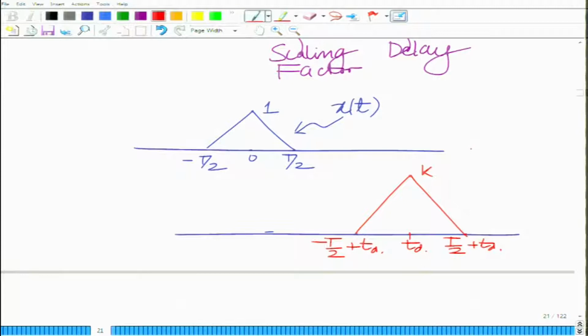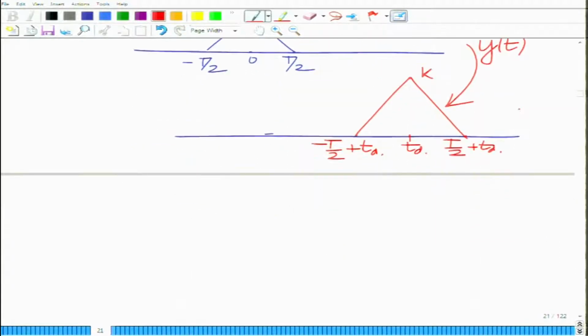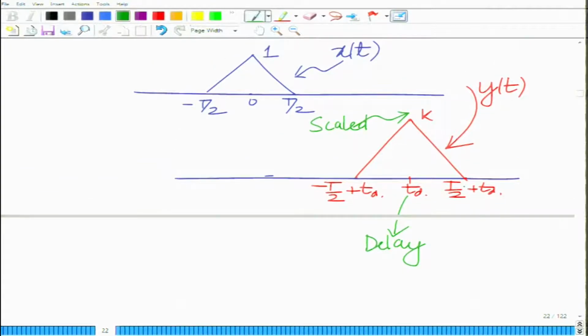So, it is scaled, and this is your y(t), delayed and scaled. But you can see basically that the shape remains intact, that is x(t) and y(t) are similar to each other in the sense that y(t) is simply delayed and scaled, that is, it is either an amplified or attenuated version of x(t).